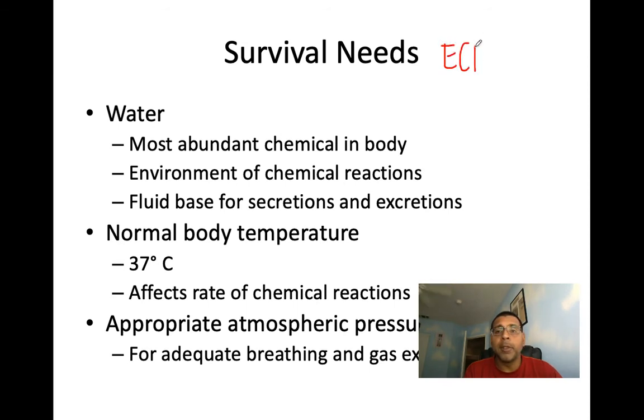Now this extracellular fluid is further subdivided into what we call your interstitial fluid and also plasma.